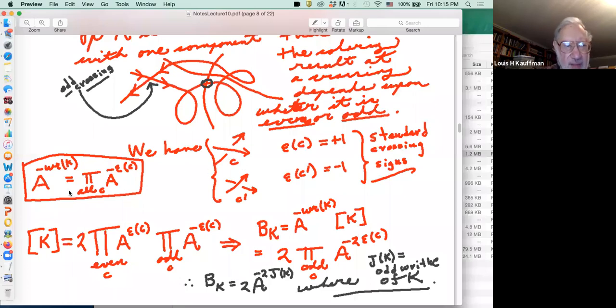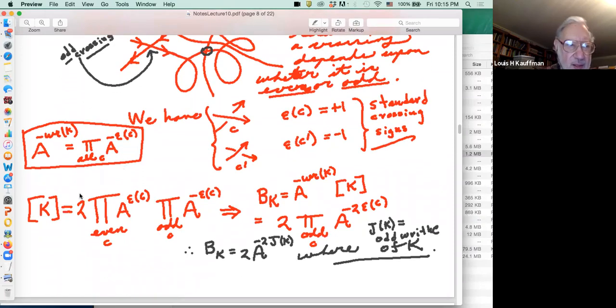And then you see that a to the minus writhe of k is the product over all crossings of a to the minus epsilon of that crossing. On the other hand, the bracket of k is equal to twice the product, this is for one state evaluation, product over the even crossings of a to the epsilon of c, that's the sign that you would get from the Seifert smoothing, and the product over the odd crossings of a to the minus epsilon of c because it flips on an odd crossing.